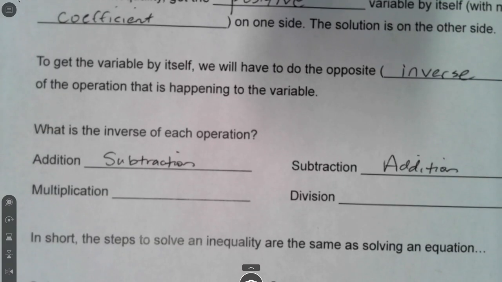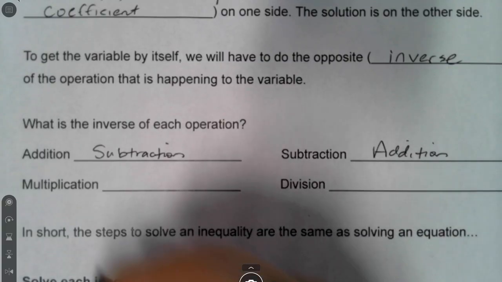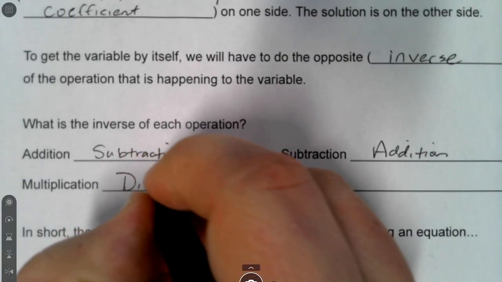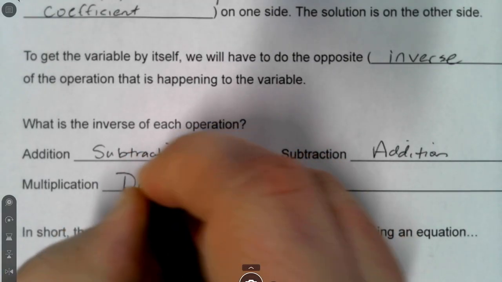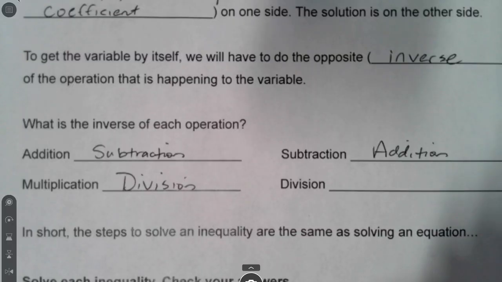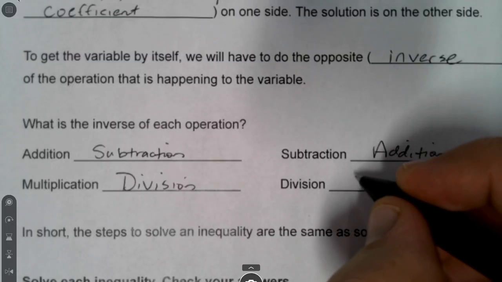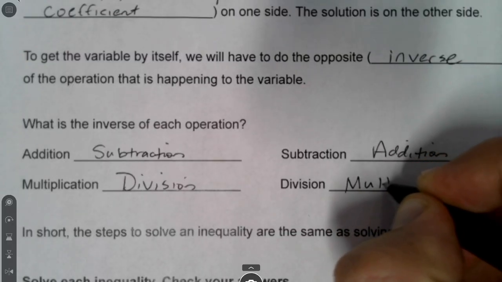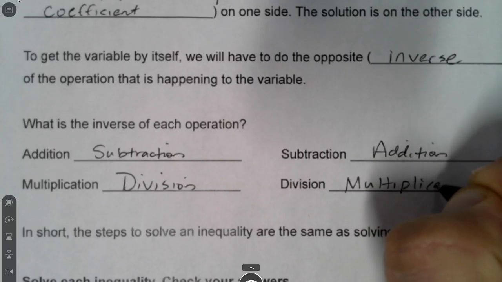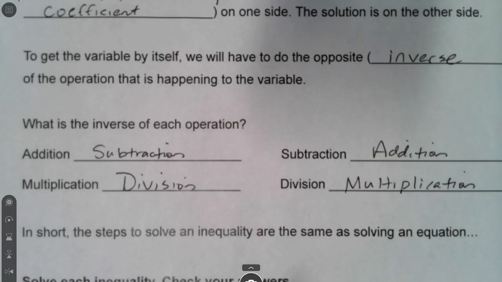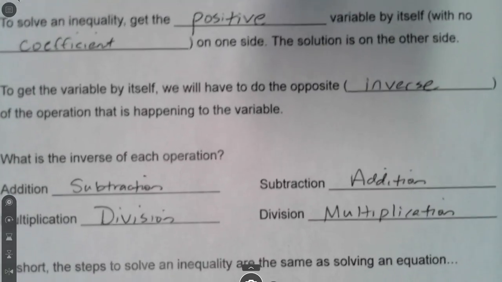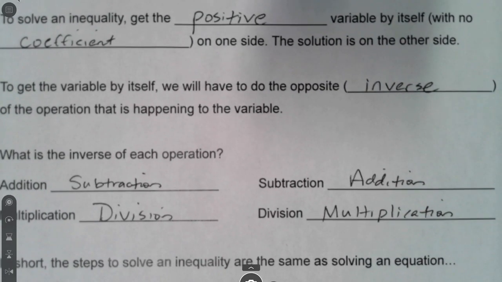If multiplication is happening to the variable, we want to do the opposite and use division. And if division is happening, we want to do the opposite, which is multiplication. I'll make sure you've got those, so I'll leave that there a moment.